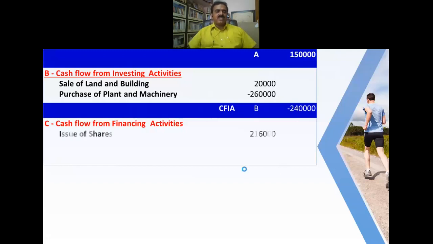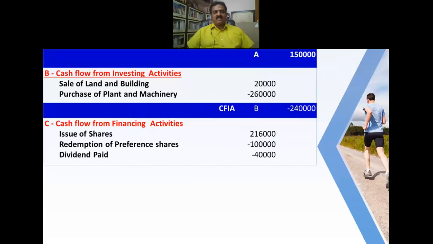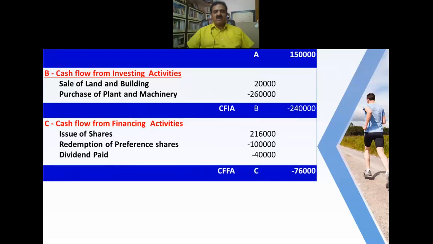As far as the share capital is concerned, the share capital position has increased by 2,16,000, and preference shares were reduced by 1 lakh, that is redemption of preference shares to the tune of 1 lakh rupees, and finally dividend paid to the tune of 40,000 rupees. So the net cash flow from financing activities alone, that is C, is minus 76,000. That is a cash outflow.